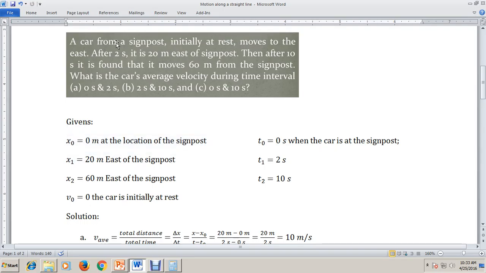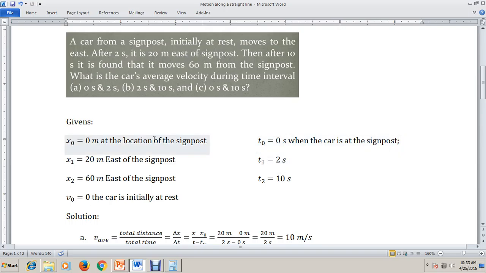The car moves towards the east. Then after 2 seconds, 2 seconds is a later time. Our initial time t sub 0 is 0 seconds when the car is at the signpost. t sub 1 is 2 seconds, when the car is 20 meters east of the signpost.